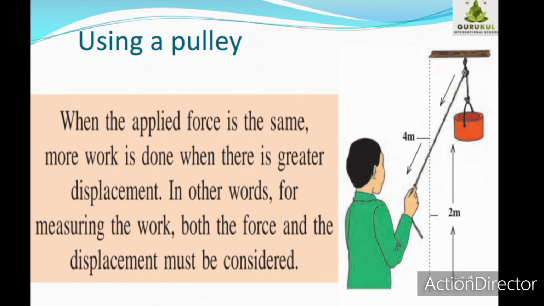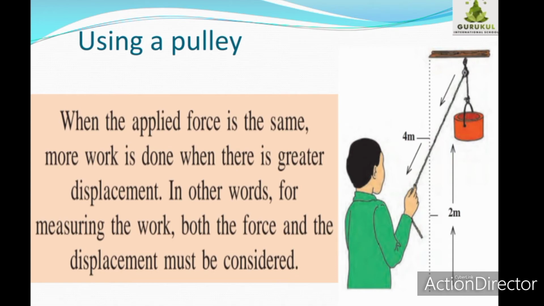At first, you have to pull the string up to 1 meter. You can see the markings, 2 meters, 4 meters are given. So first you lift it up to 2 meters, and the second time you lift it up to 4 meters. The same object should be lifted first up to 2 meters and then to 4 meters.